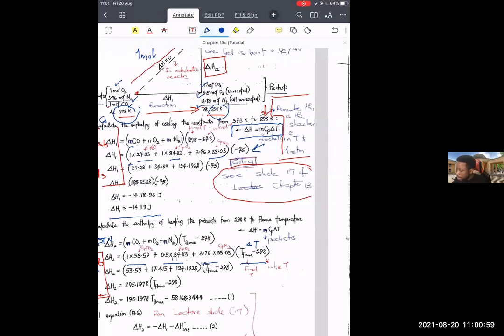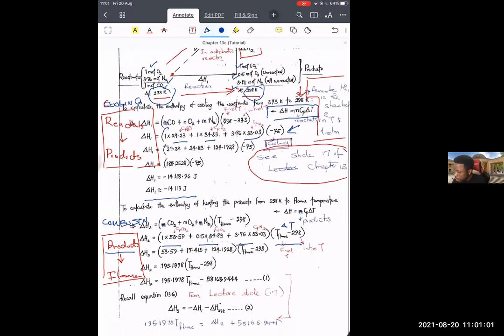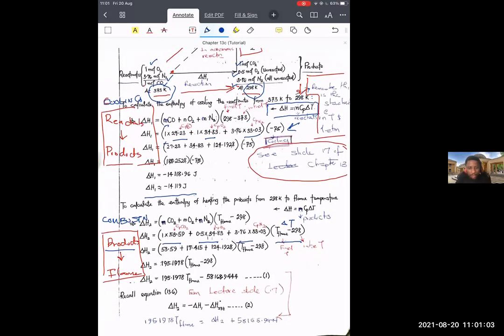So I've indicated there, T flame. Now we'll just be playing with general maths. From here we have this value. So we have a change in H1. You can write that down somewhere. We have a change in H2 by this equation. You'll find this in your lecture slide.